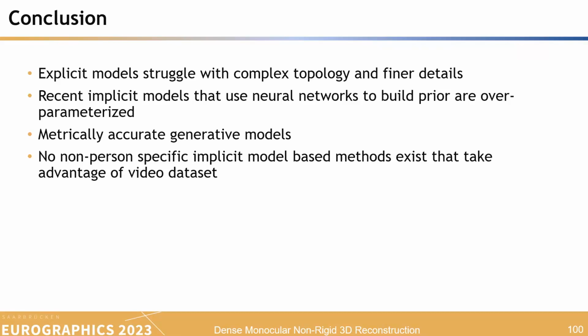Also, we haven't seen implicit model based methods trained in an adversarial manner that make use of video datasets, which could help in getting much better deformations and also disentanglement. So it might be interesting to watch this field as well. Thank you.